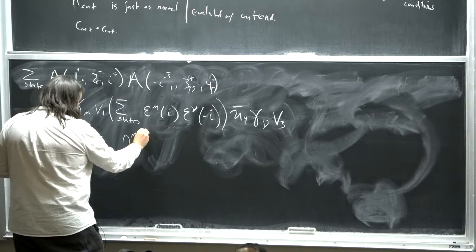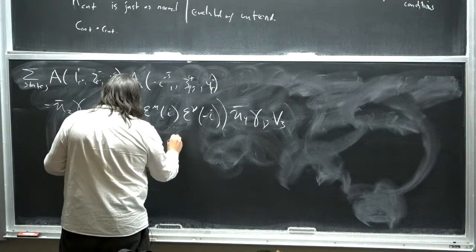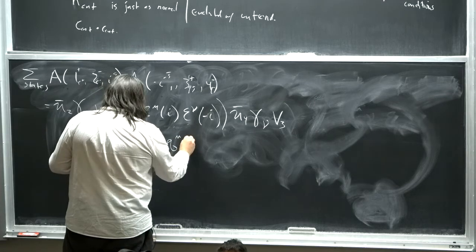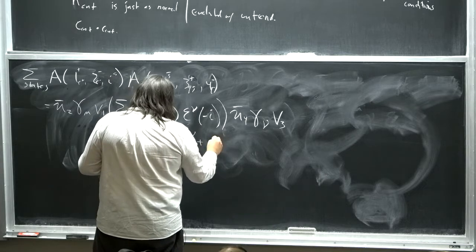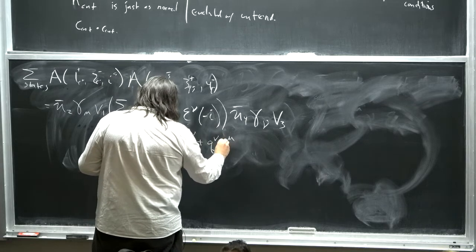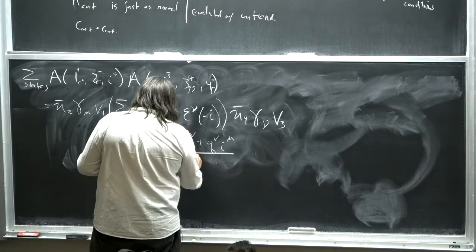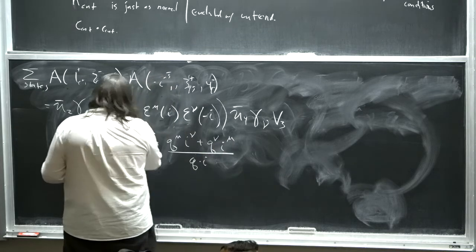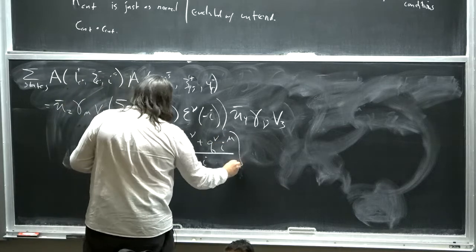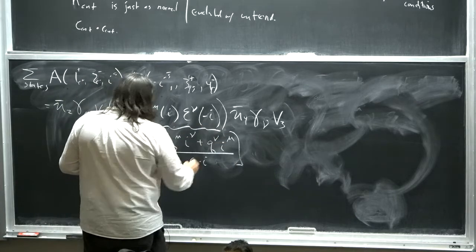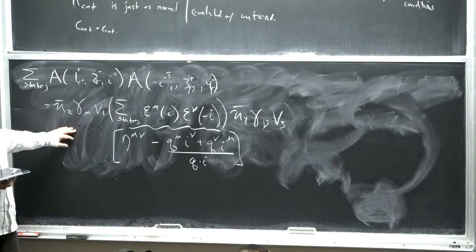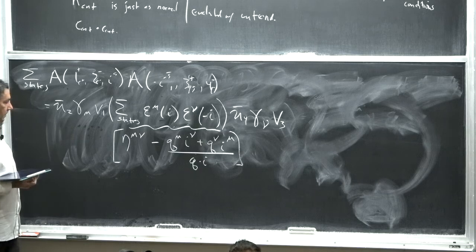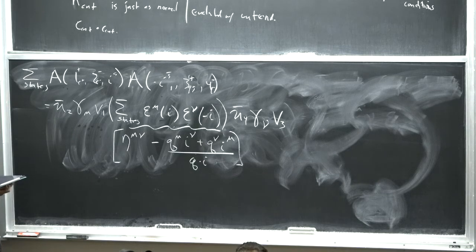Eta mu nu minus Q mu I nu plus Q nu I mu over Q dot I. And that's what's going into the middle right here. The notion of the gauge invariant projector here is, if we contract this with P or I.